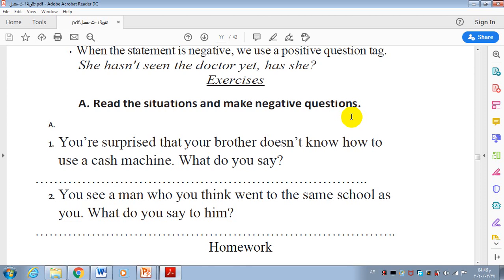And I told you before that the negative question starts with an auxiliary verb or helping verb plus not, and after that the subject, then the main verb and the rest of the question. Now let's see these two questions about negative questions.